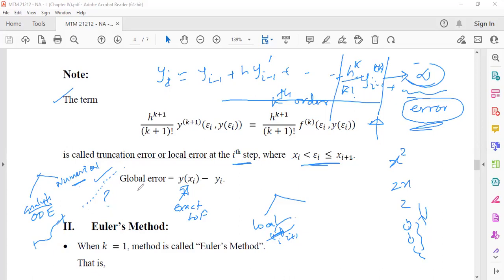So if they ask you for the entire error, the global error, this is our exact or analytical solution, and this is our approximate solution. Let's say, for example, you have dy over dx equal to x over y, an equation you solve in ODE, using separation or any method you are studying.